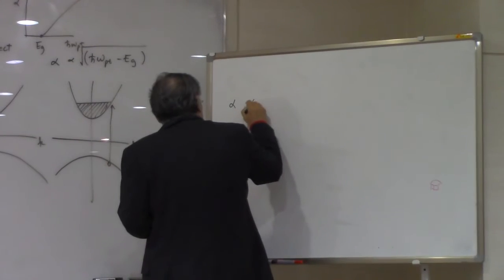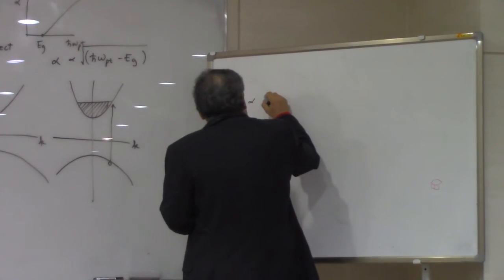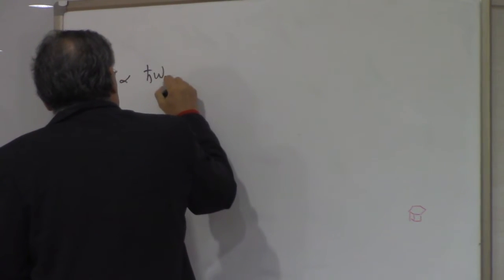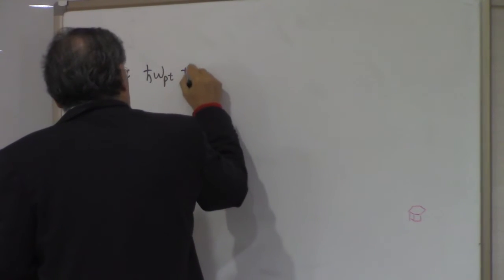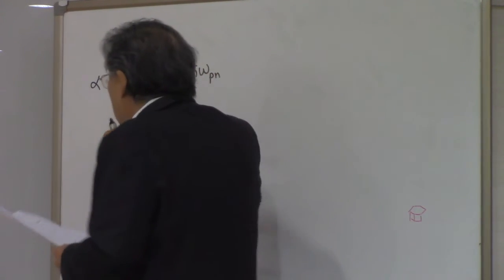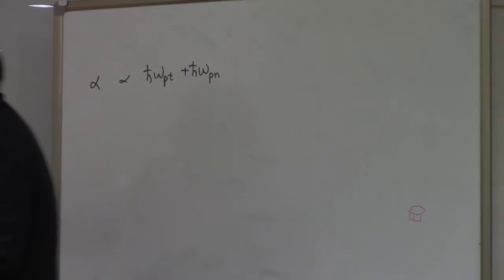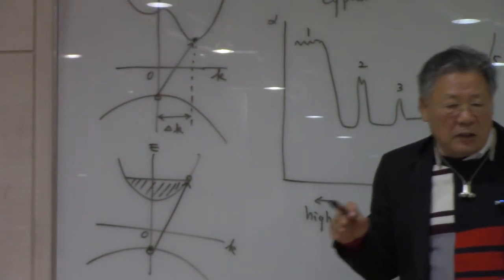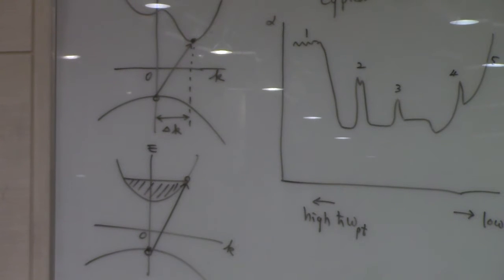In the indirect transition case, alpha is proportional to h bar omega photon plus h bar omega phonon. We have delta k change in the wave number, and this wave number consists mainly of the phonons, okay?